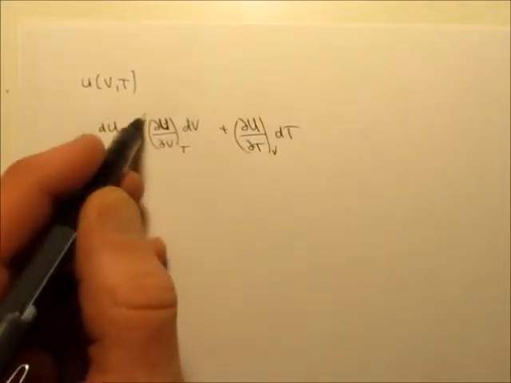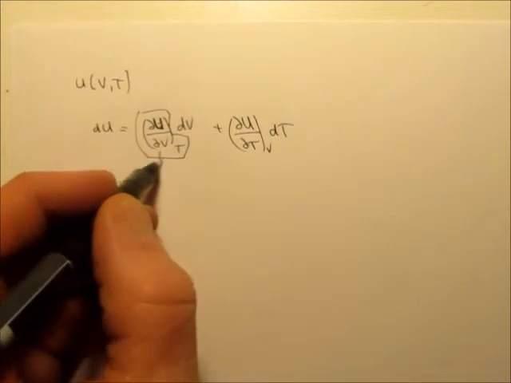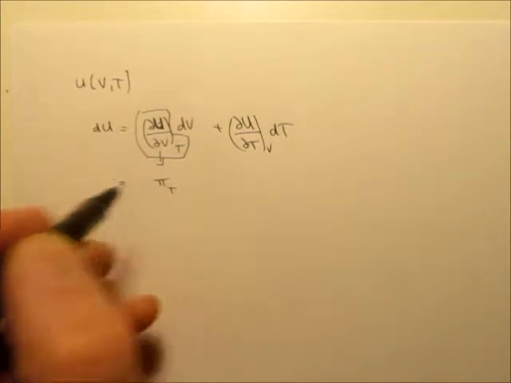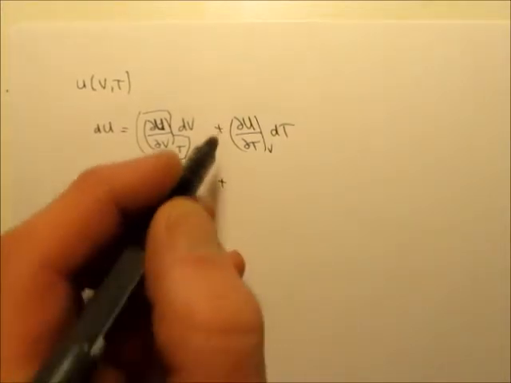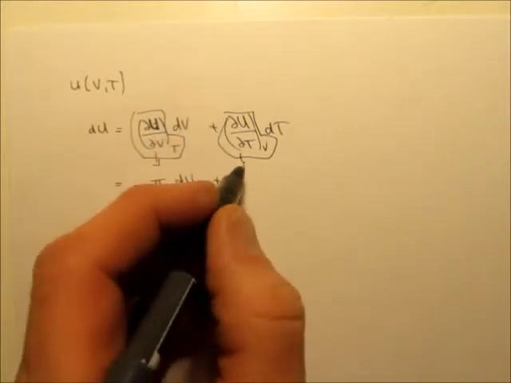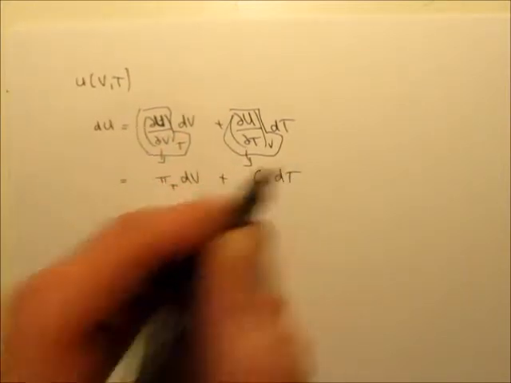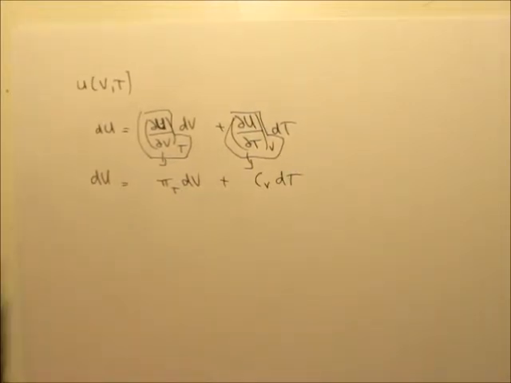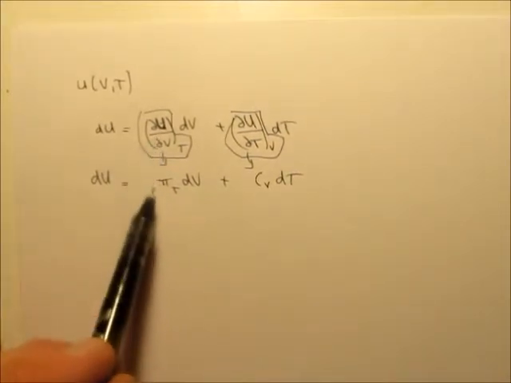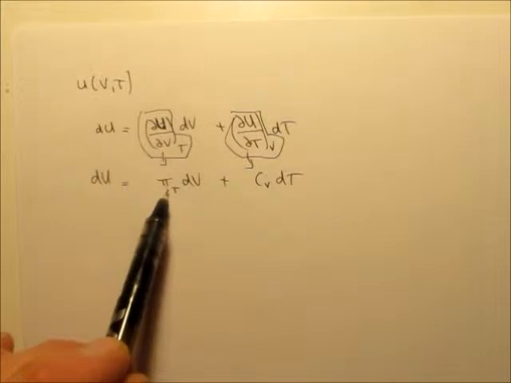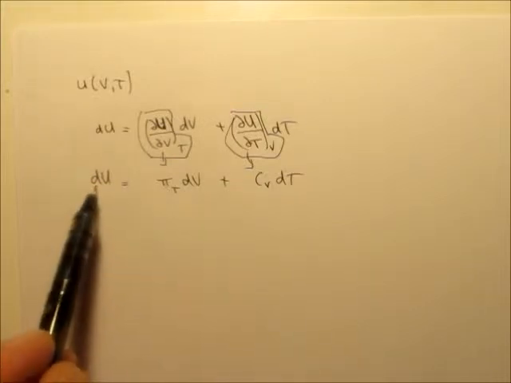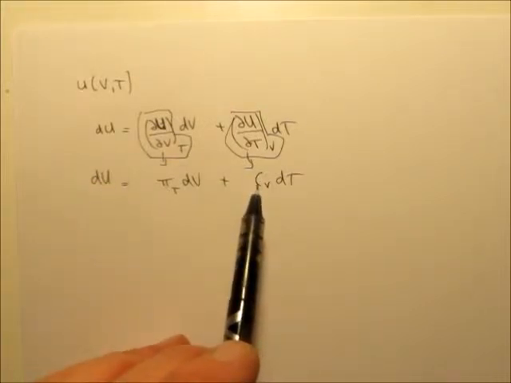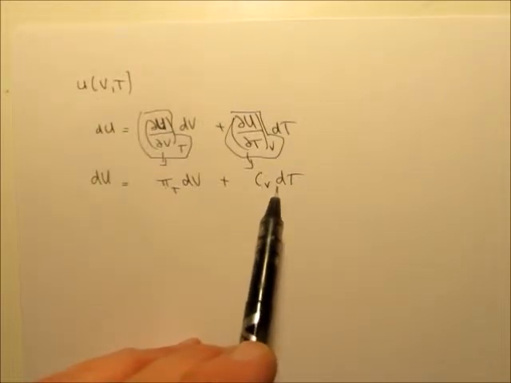Now, this thing, we called it internal pressure, pi T dV. This one we know is called CV dT. So we've seen this before, and we already know that for an ideal gas, this quantity is equal to 0, if it's ideal. So delta U will always be equal to n, if you have moles, CV delta T.